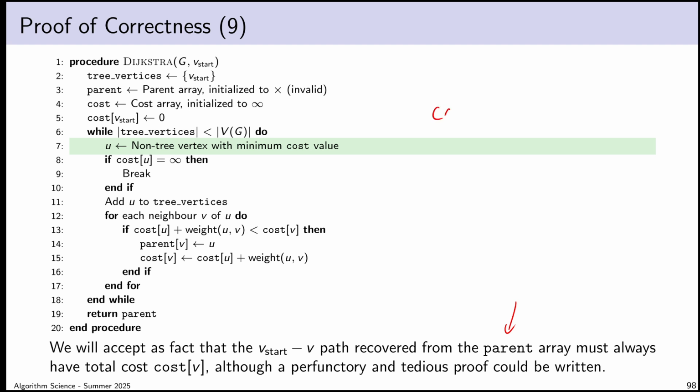Basically, if we discover that cost of V equals, let's say, 10, what I'm relying on is that by looking at the algorithm and understanding how it works, it should be reasonably clear that the only time I ever set the cost value of a vertex is when I physically found a path of that cost. And that means if the path was Q to vertex U to vertex V, and I trace through the parent array to find the path that ends at vertex V, that path actually does have cost 10.